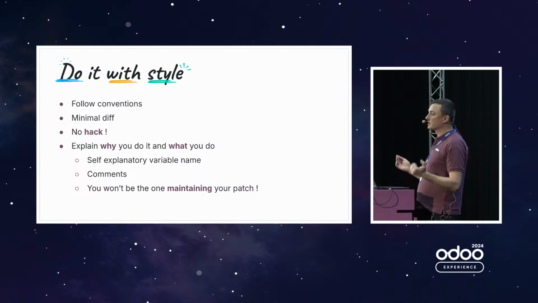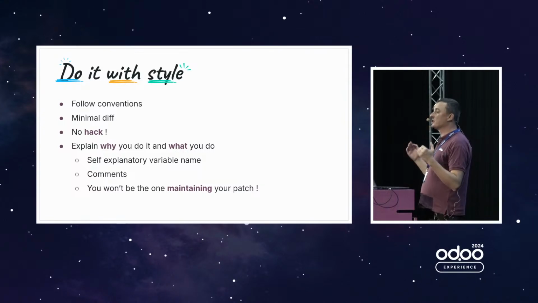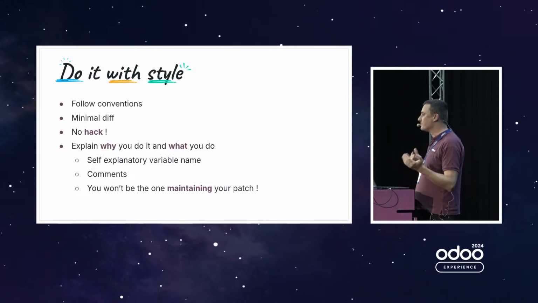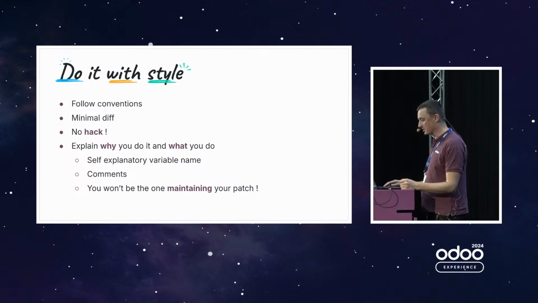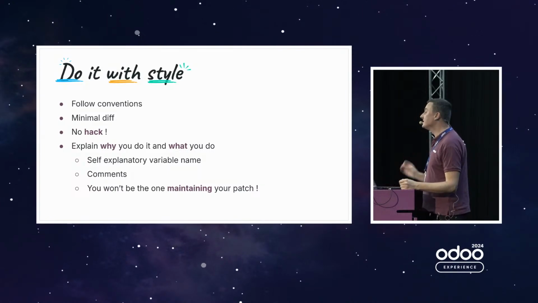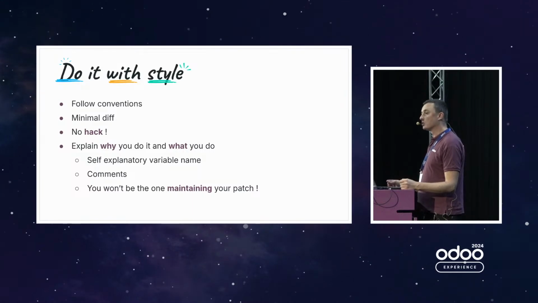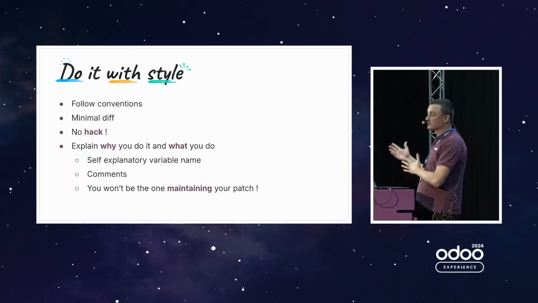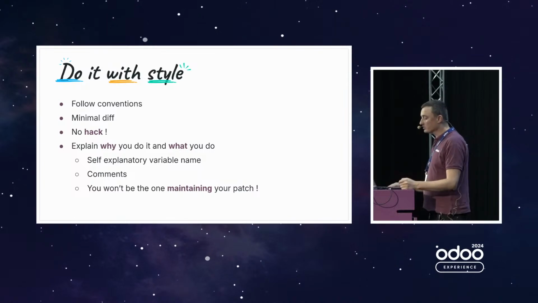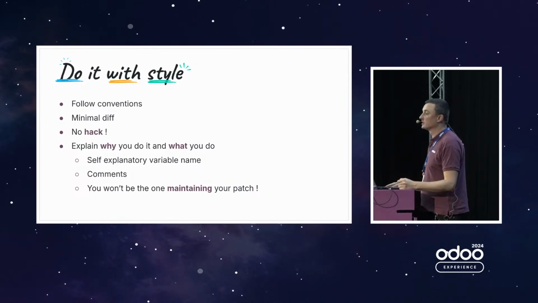So it's important that the logic, if it's not trivial, is explained in comments. It makes the work of everybody simpler. Because in the end, you won't be the one maintaining that piece of code. So it's important that when you pass the code, it can be handled by anybody.